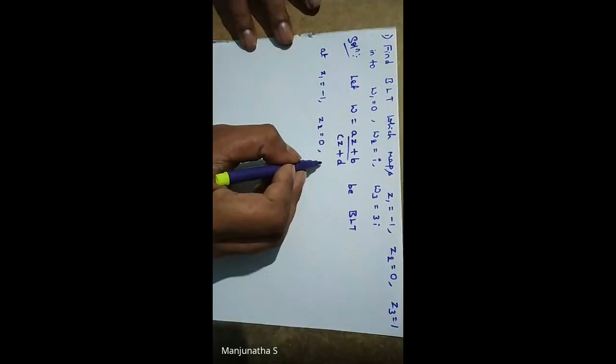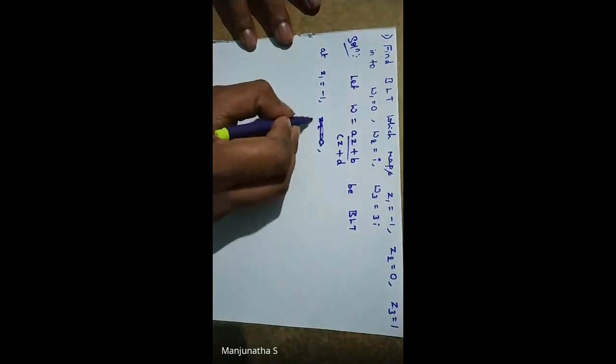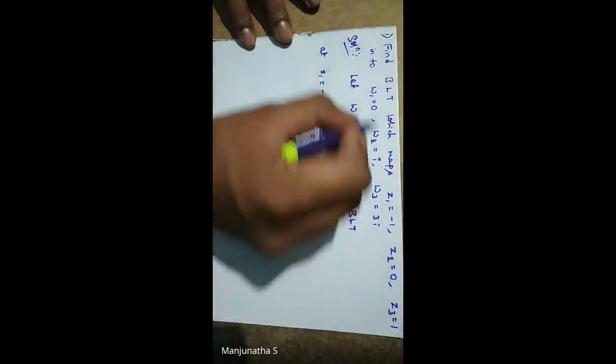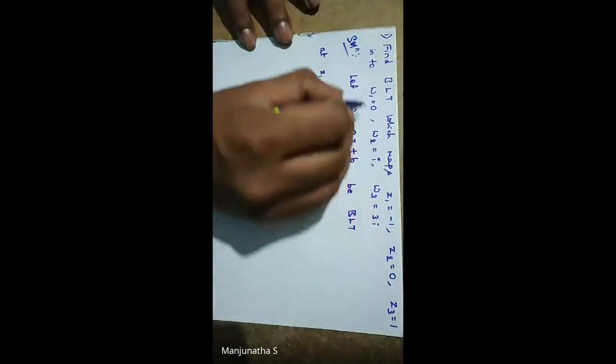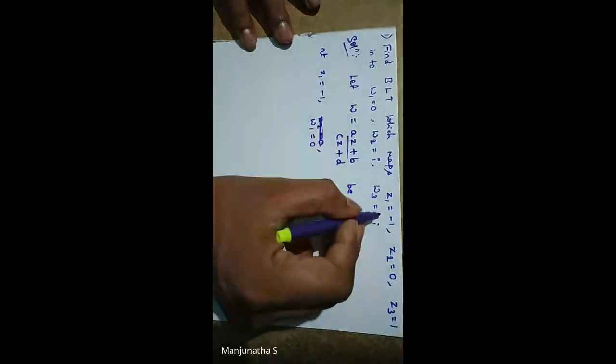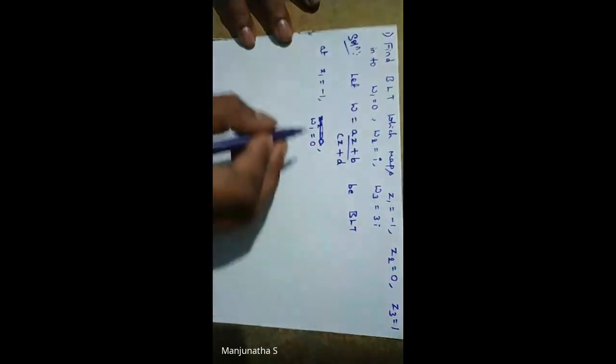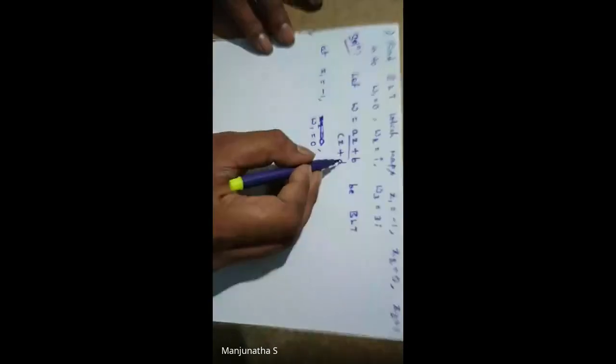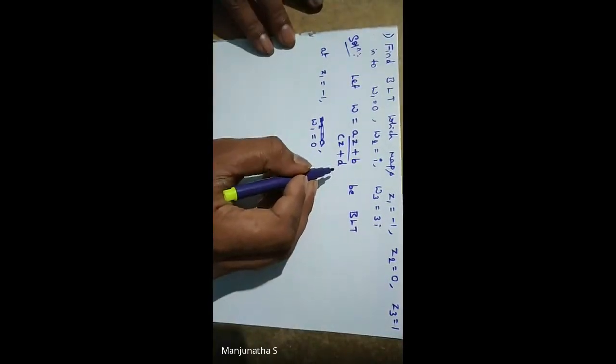The corresponding mapping we need to take. If you take Z1, we need to take W1 because it is mapping to W respectively. So Z1 is equal to -1, W1 is equal to 0. When you substitute in the above equation, what do we get?